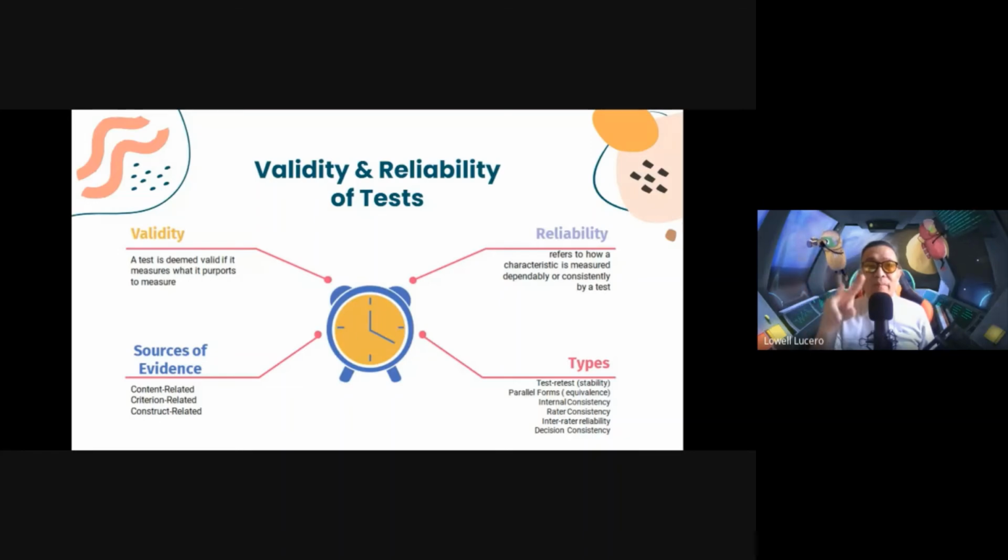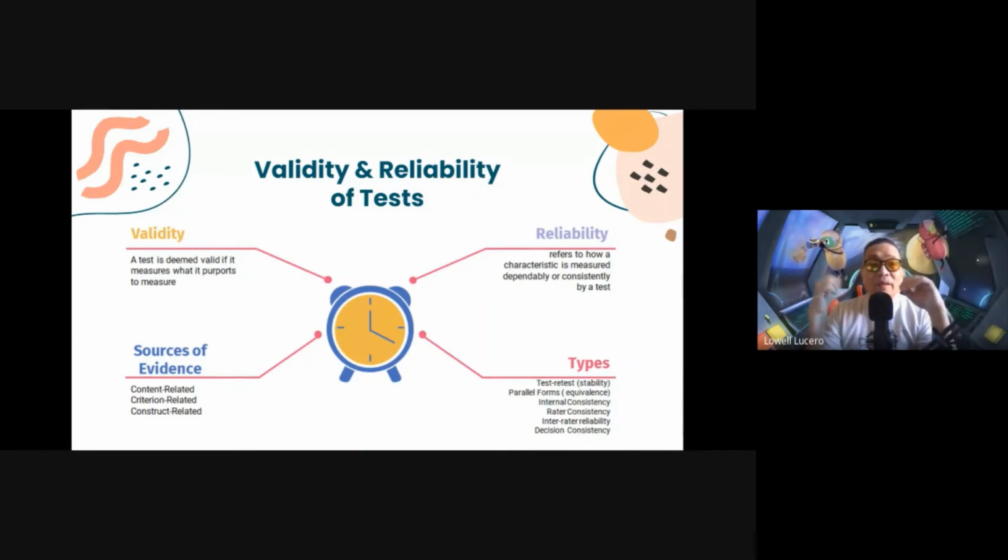The time element is very important because the gap has an impact on the results of the reliability of the test. The longer the time gap, according to them, the lesser the correlation between the two tests. The closer the gap, the higher the reliability, because of course the memory factor is also involved.